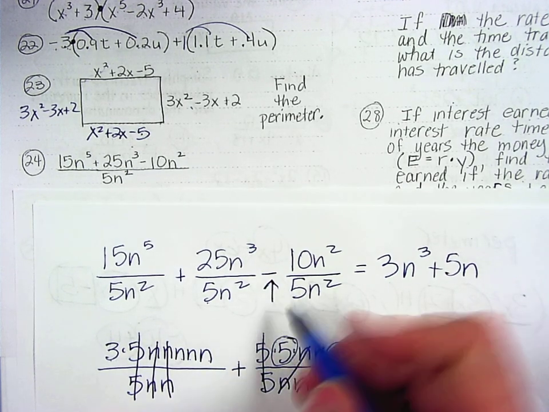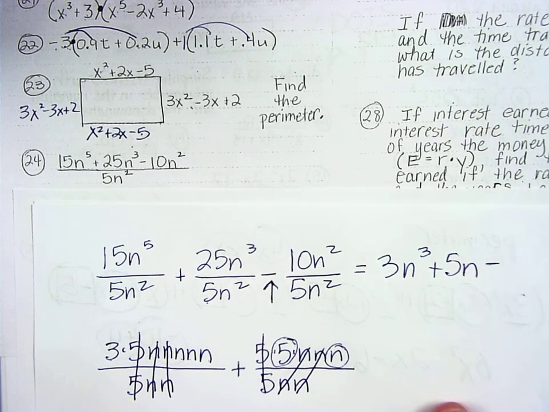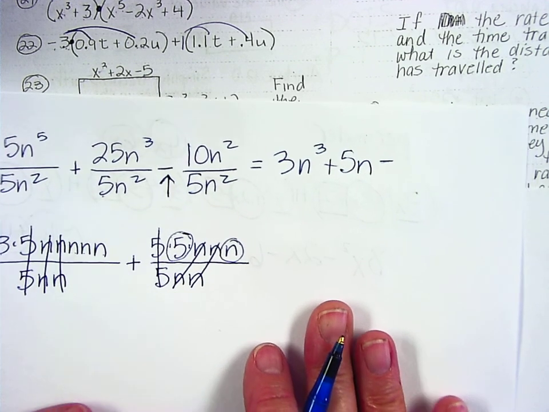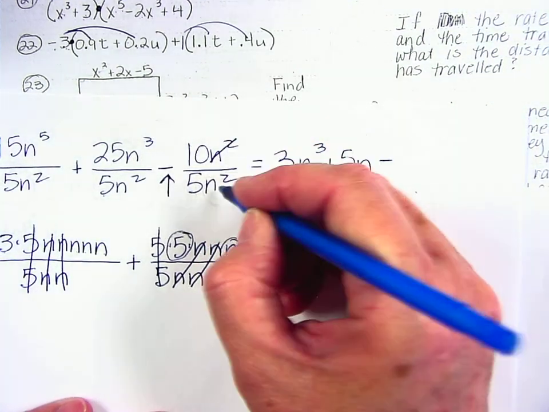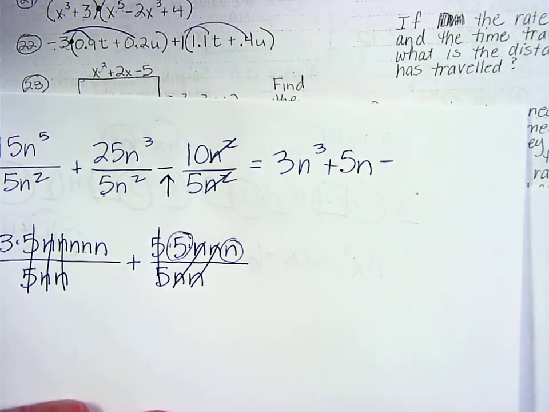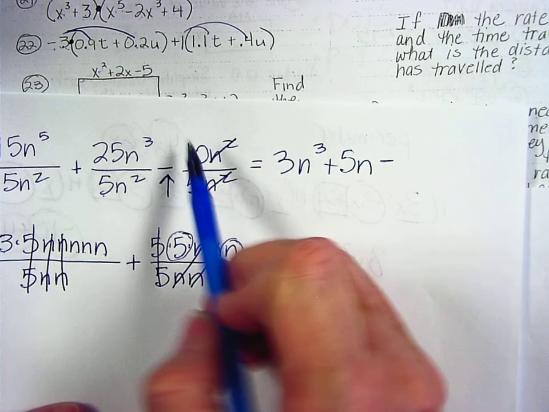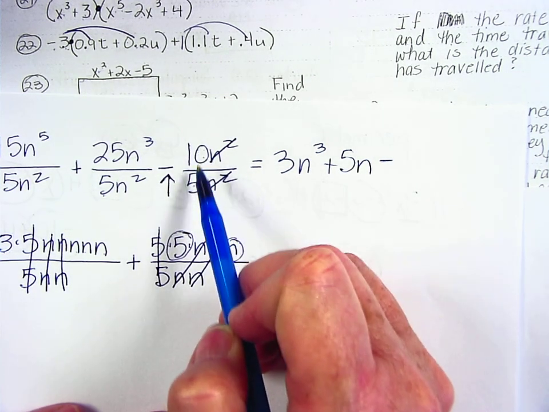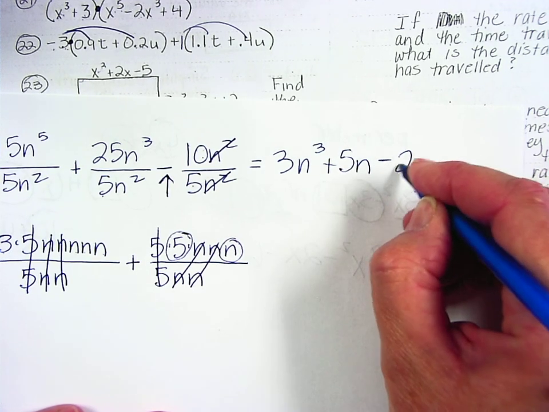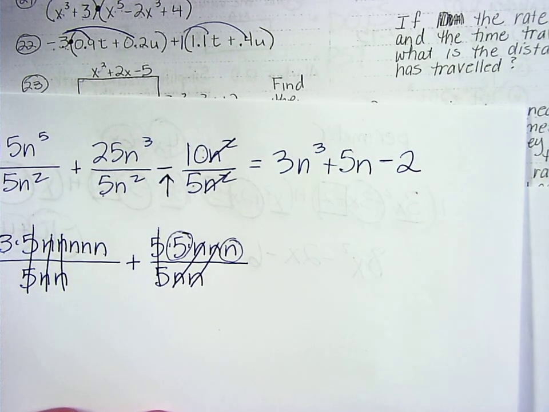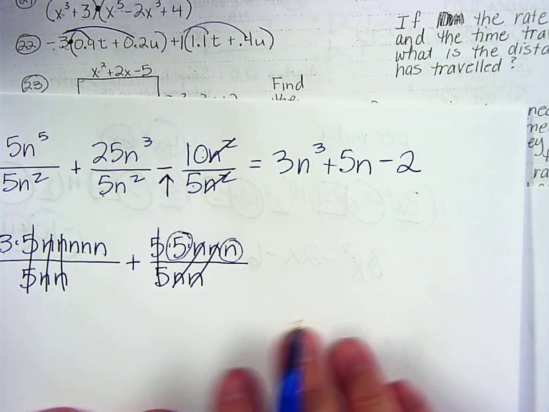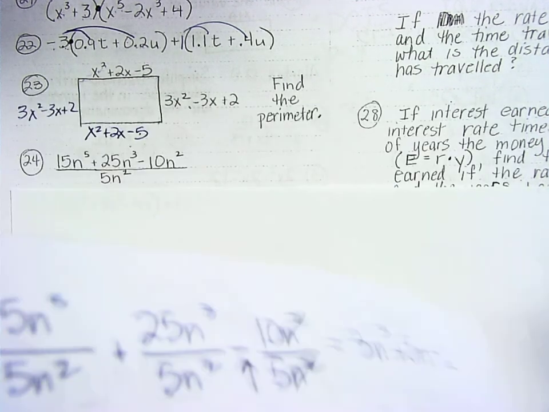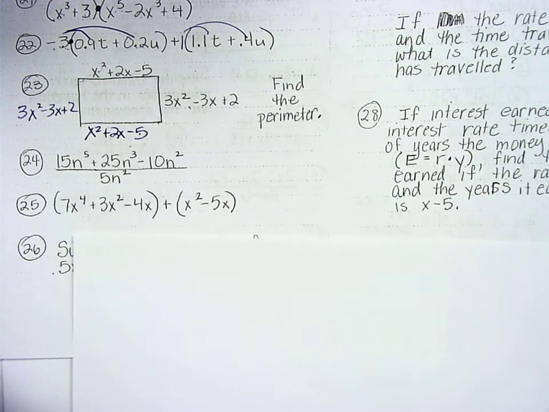Now we're going to subtract 10n squared over 5n squared. Well, I already know my n squareds are going to cancel out. I got 2 at the top and 2 at the bottom. And isn't 10 over 5, 10 divided by 5 is 2, isn't it? Ta-da! Nice.